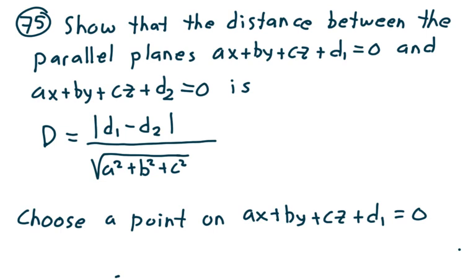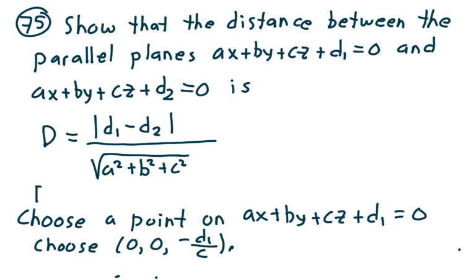Now, we're going to think conveniently. So I'm going to choose 0, 0, and then negative D1 over C. So, of course, I have to assume C is not 0 for sake of argument.